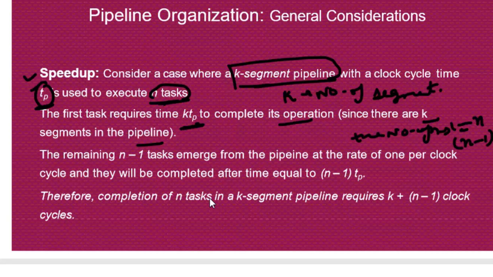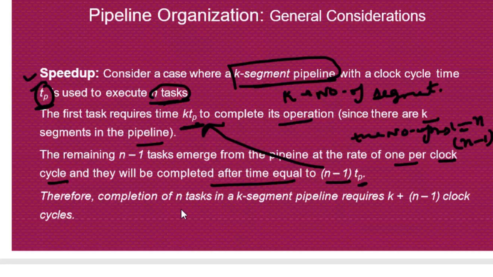The remaining n minus 1 tasks emerge from the pipeline at the rate of 1 per clock cycle, and they will be completed after time equal to n minus 1 into TP. Why is it n minus 1 here? Because one task has already been executed, taking time k into TP. So the rest of the tasks will take time n minus 1 into TP, where TP is the clock cycle time required by every task for its execution.